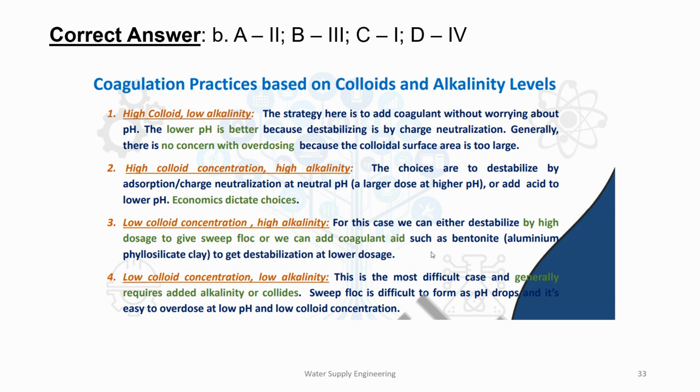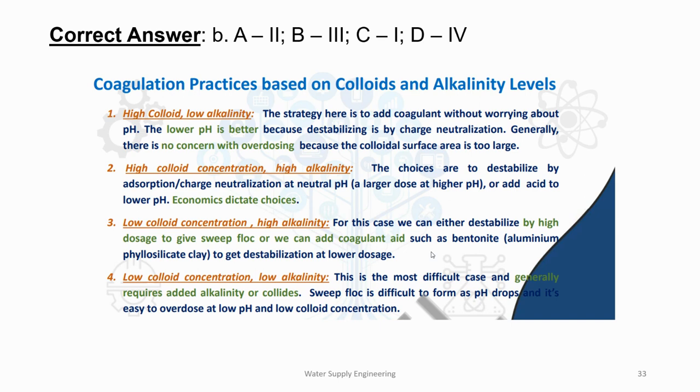Now, the third case is low colloid concentration but high alkalinity. Here also we have two options. One is to destabilize by using high dosage so that sweep flock formation will happen.